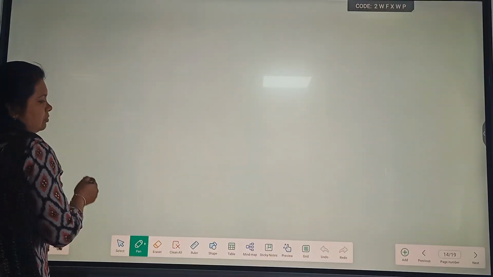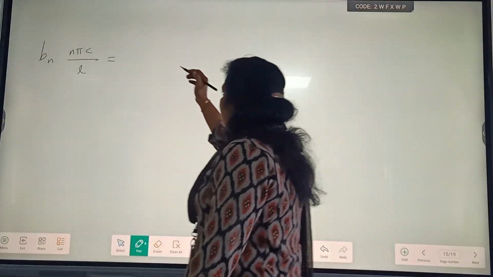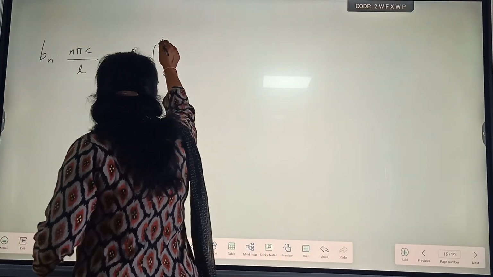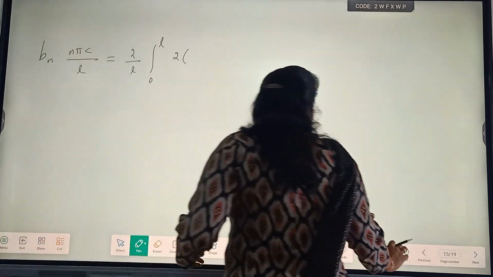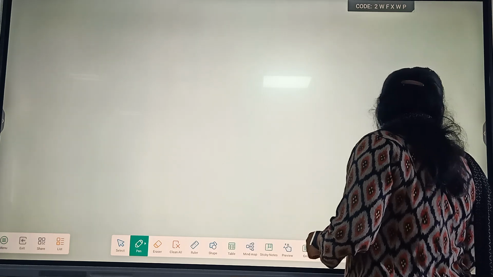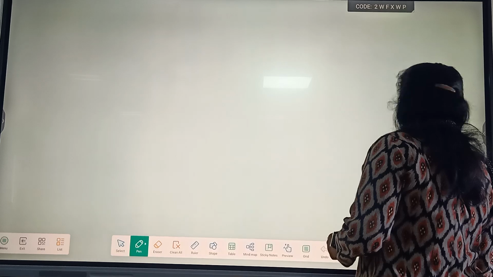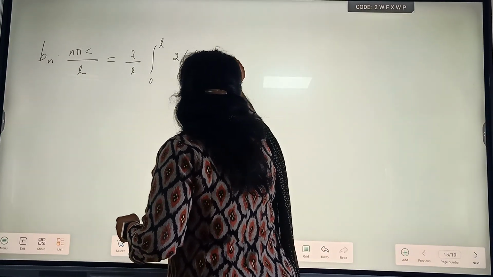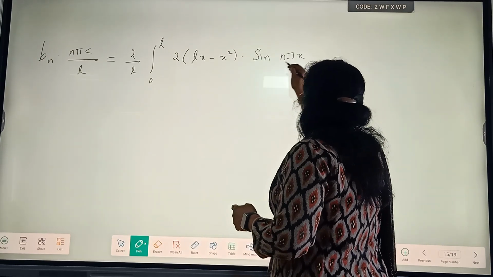Which is 2 by L integral 0 to L, 2x into L minus x, is it? So Lx minus x square sin n pi x by L dx.